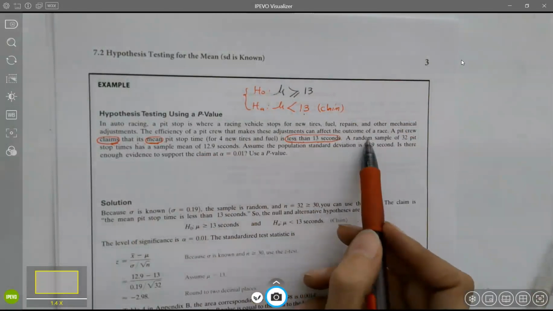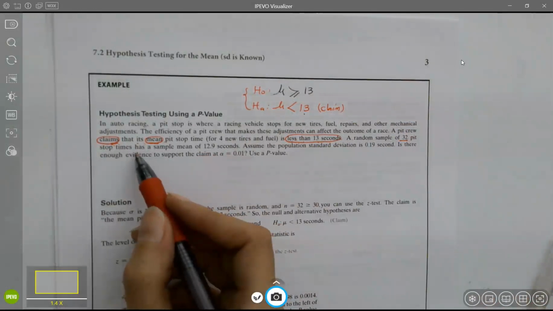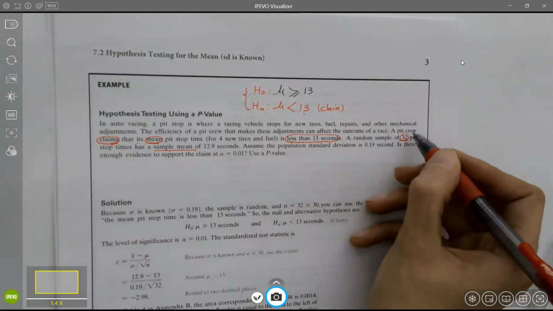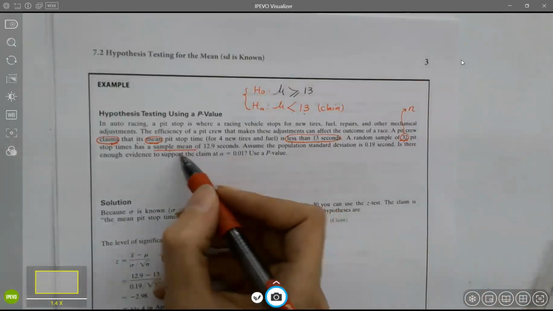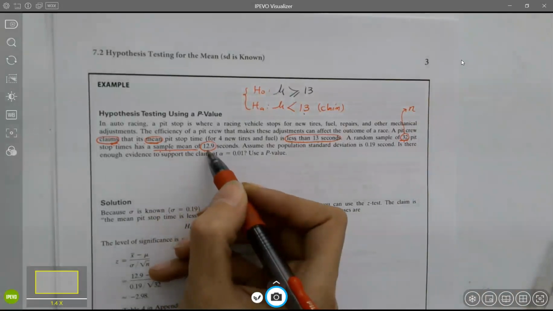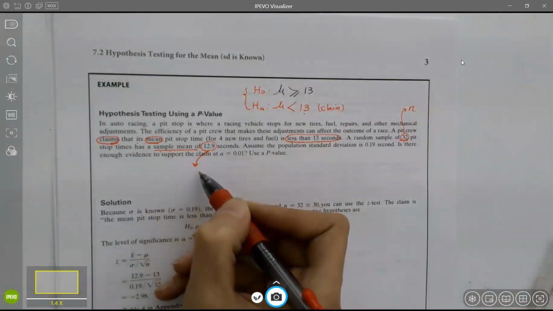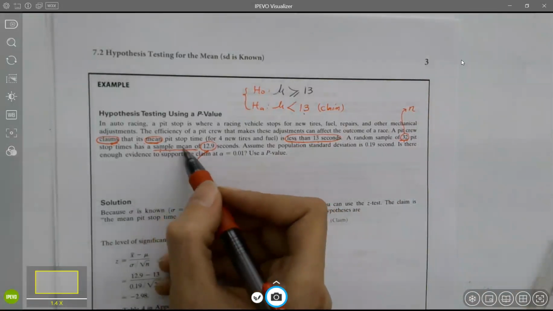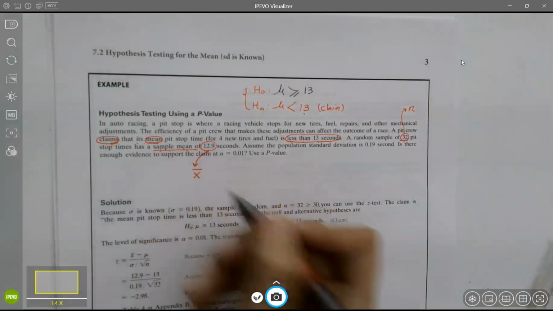When a random sample of 32 pit stop times has a sample mean. So what is 32? N. Is N. Excellent. The sample size. Sample mean of 12.9. What is this? Is it mu? X bar.